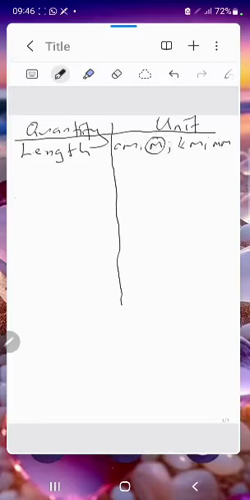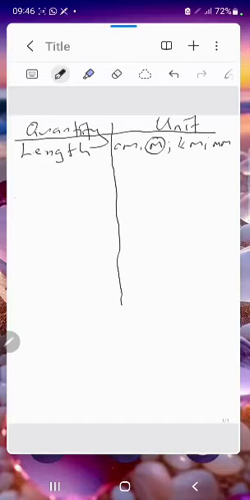So it means the standard international unit for length is what? It's meters. Yes, centimeters, they are units for length. But the standard international is meters. So throughout the scientific world, they use meters. Not centimeters, not kilometers, not millimeters, but meters.